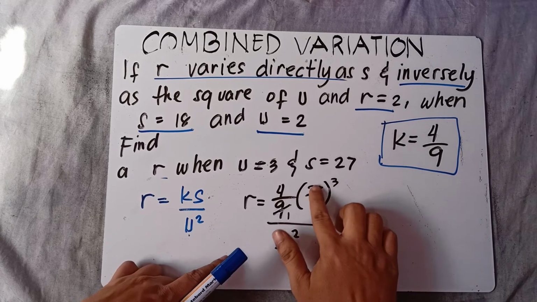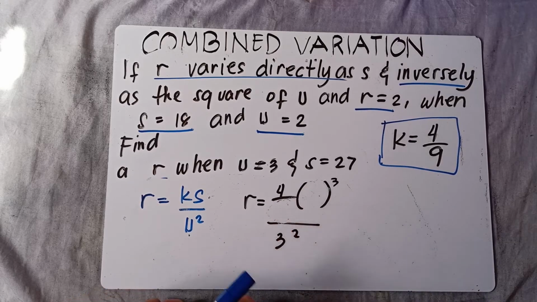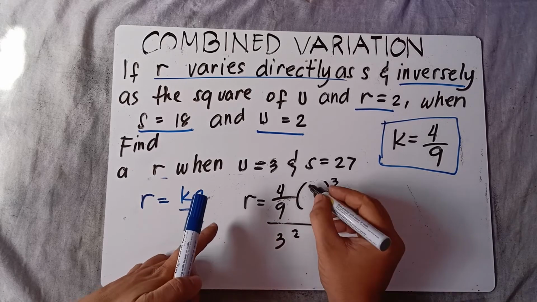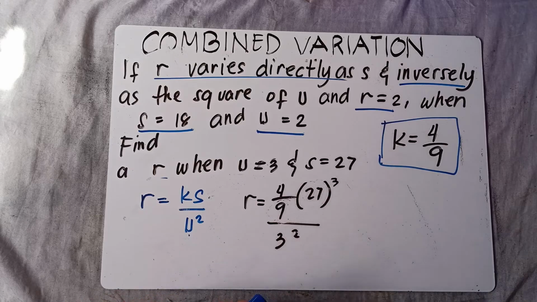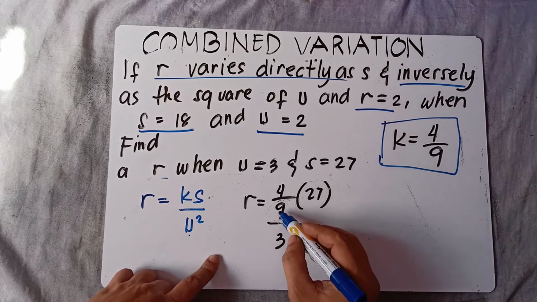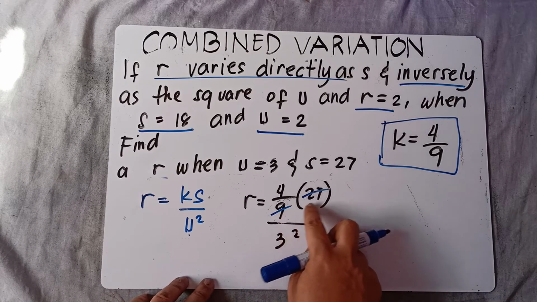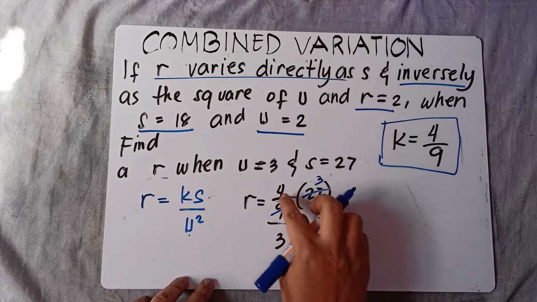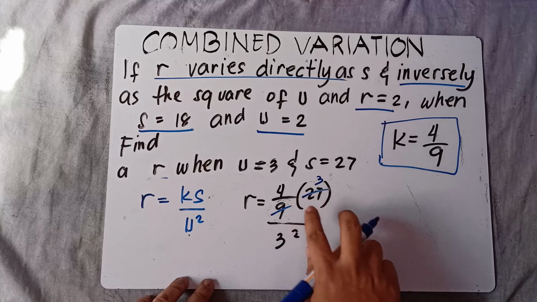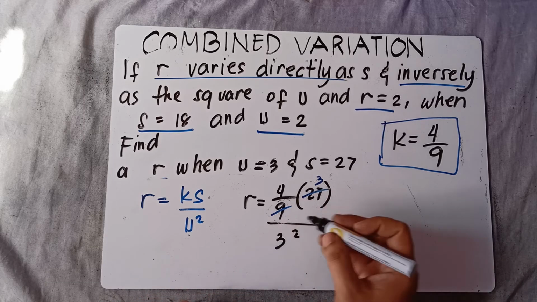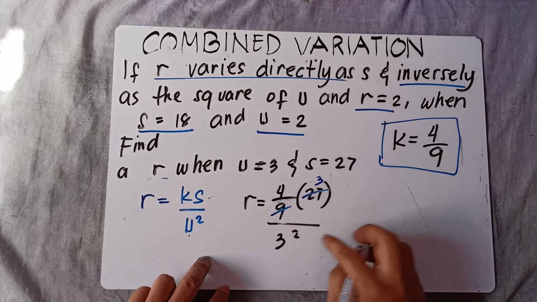Let me just cancel it with the blue pen. This is 4 over 9, then this is 27. You can cancel 27 and 9. 27 divided by 9 is 3, and we have 4 times 3 remaining on the top. This one is 9, since 3 squared is 9.